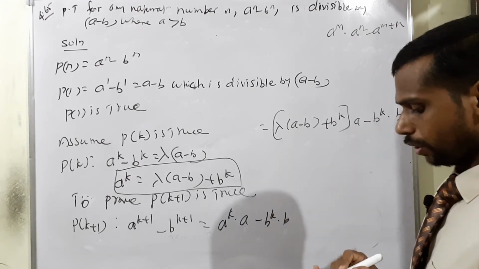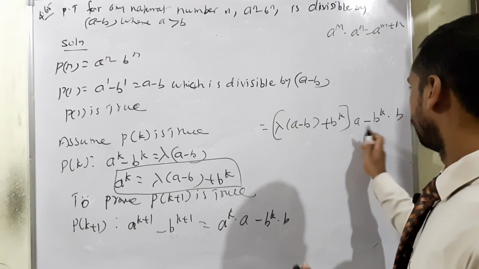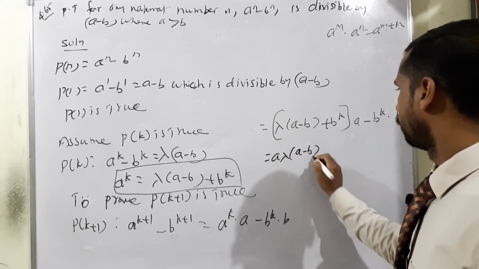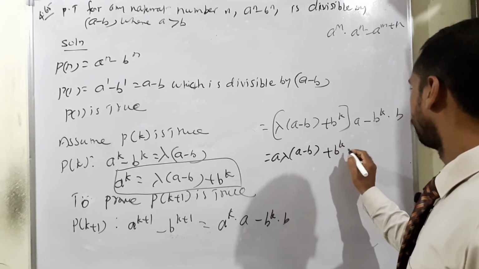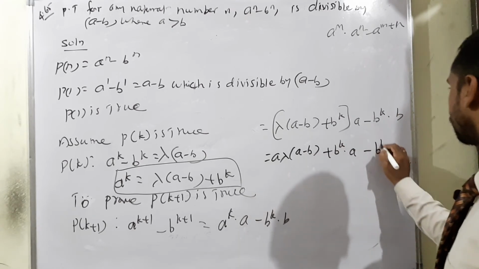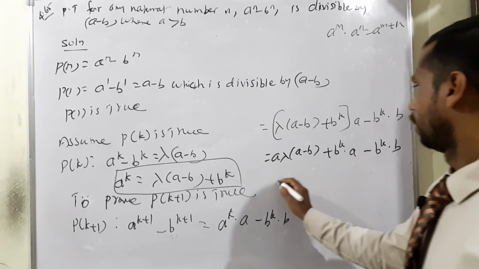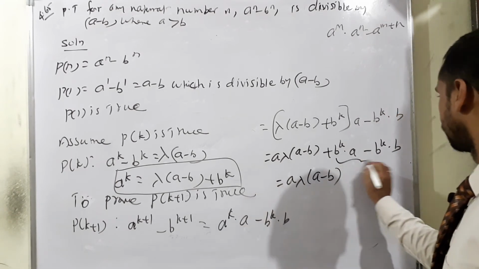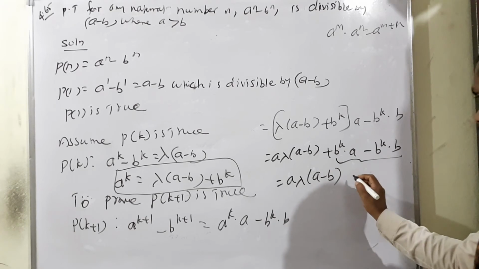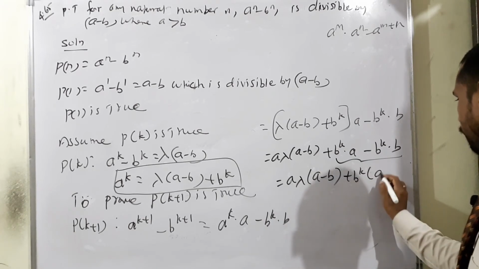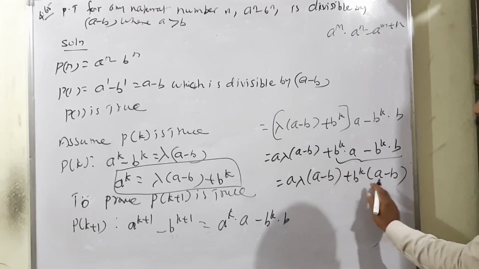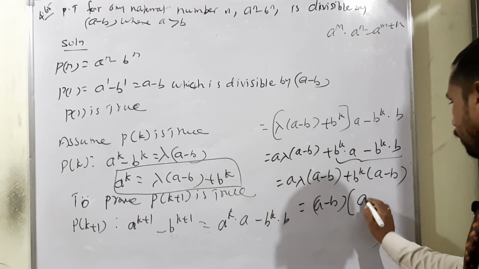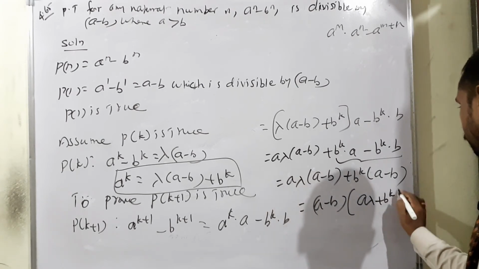Each and every time into a means a into lambda, a lambda into a minus b plus b power k into a minus b power k into b. Again a lambda into a minus b. Second and third term b power k common, no? Take common outside means a minus b. Again common factor a minus b inside a lambda plus b power k.